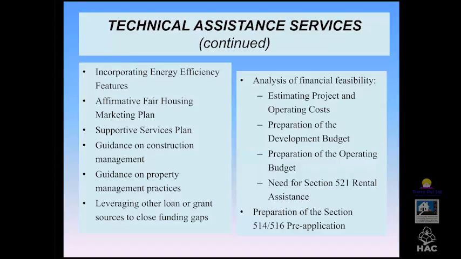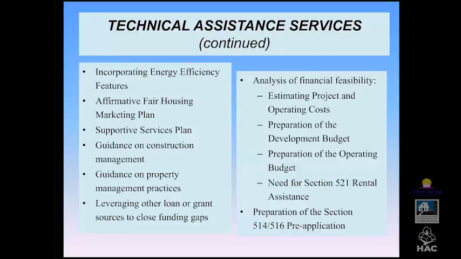The other aspects of technical assistance, of course, are analyzing the financial feasibility of the project. So we provide technical assistance to help guide estimating the project and operating costs, preparation of the development budget and operating budget, and Joe is going to go over those in more detail.